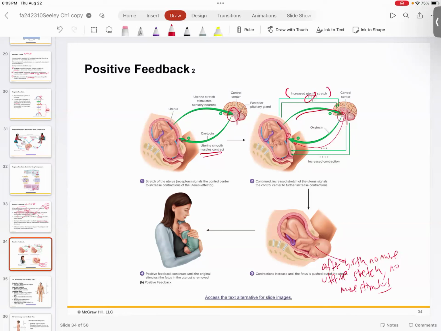And then, of course, you move into the lactation response, where the sucking of the baby on the nipple sends sensory information to self-reinforce the milk delivery. The baby sucking positively reinforces the mammary glands to produce more milk. So it's a positive feedback.